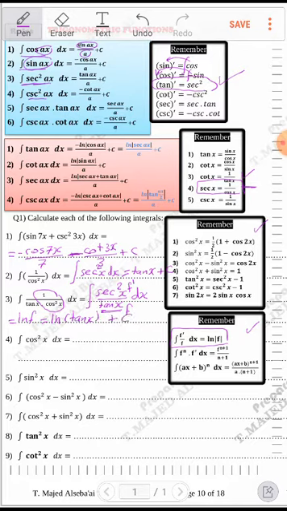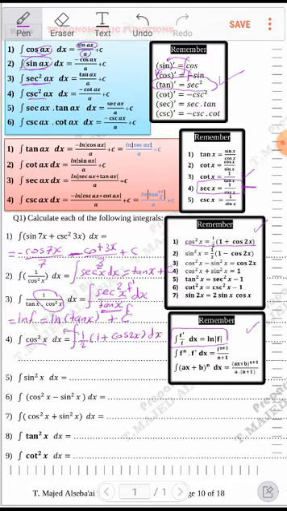Question 4. Integration of cosine squared. Is there any rule for that? There is no, but we have a rule for cosine squared. Where is this? It is here. I can write integration, then instead of writing cosine squared, I will write half bracket 1 plus cosine 2x dx.